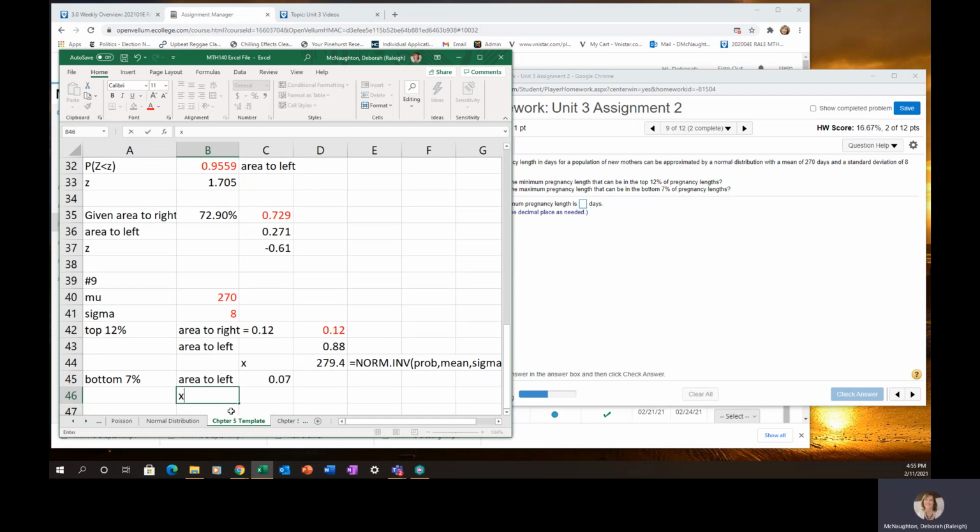So now I can go right ahead and find my x. I'm going to go equals norm.inv, then my probability, comma, my mean, comma, my standard deviation.